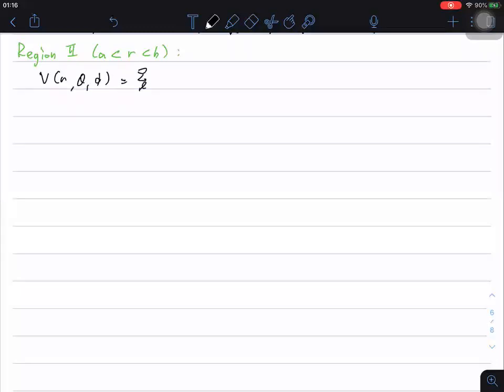So let me just first of all copy the general solution of the Laplace equation here.